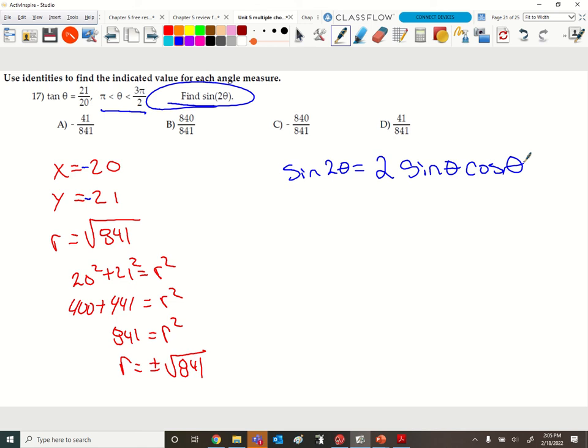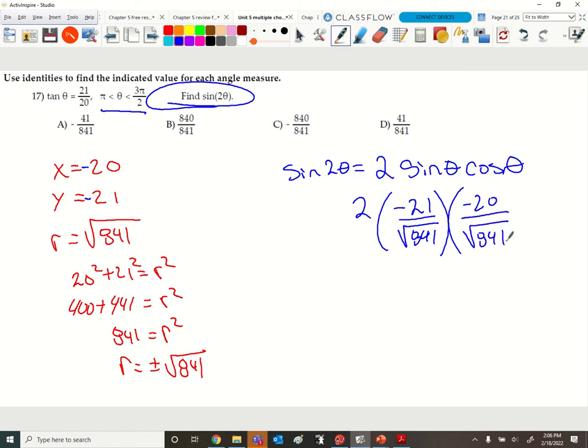So I'm going to plug in my single angles. 2 sine of theta is going to be negative 21 over radical 841 times cosine, which is going to be negative 20 over radical 841.